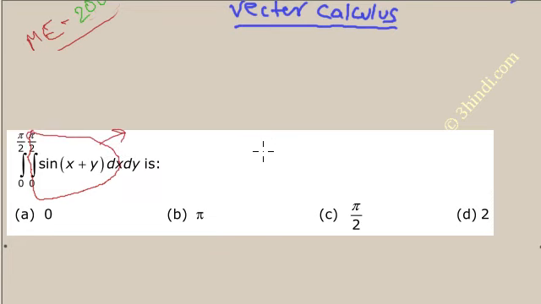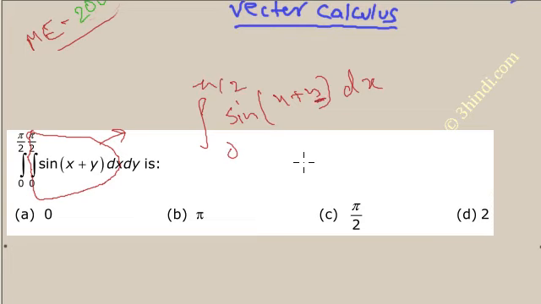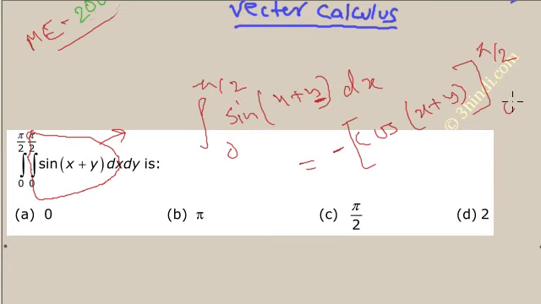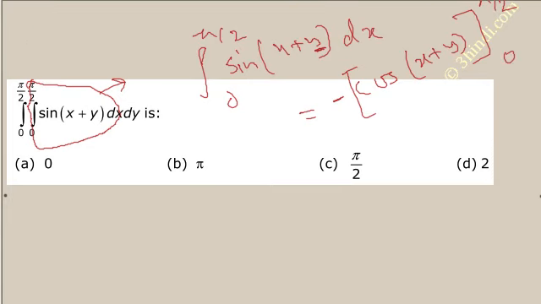If you integrate sine of x plus y dx with respect to x from 0 to pi by 2 and treat y as constant, you will get minus cos of x plus y, from 0 to pi by 2.